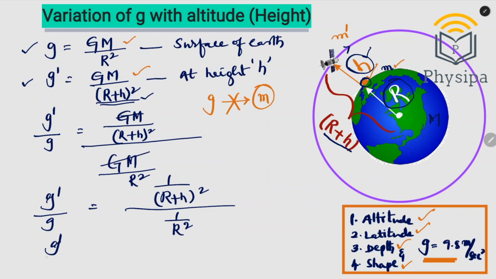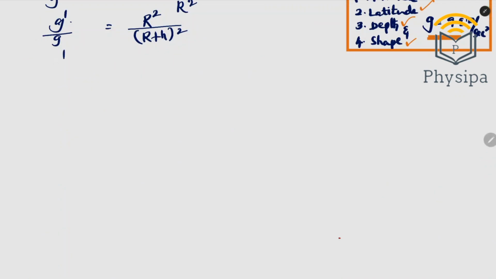Finally, we get g dash by g is equal to r square divided by r plus h whole square. Next, g dash by g is equal to r by r plus h whole square.